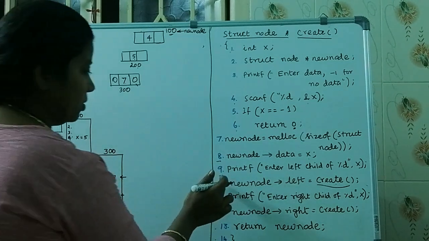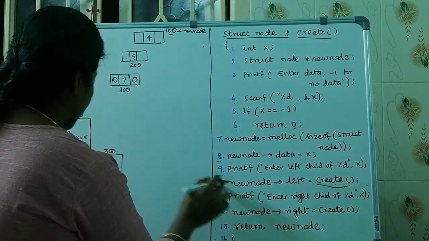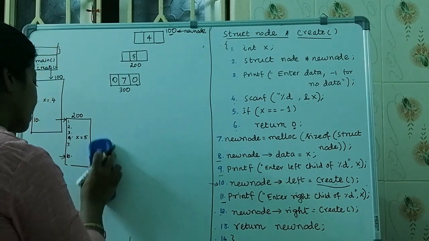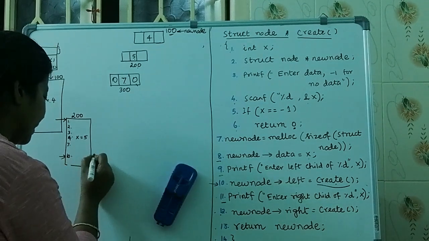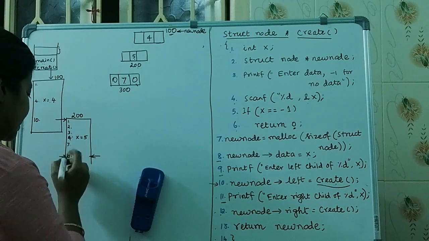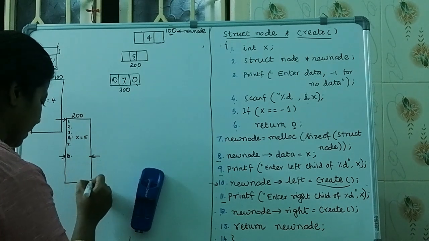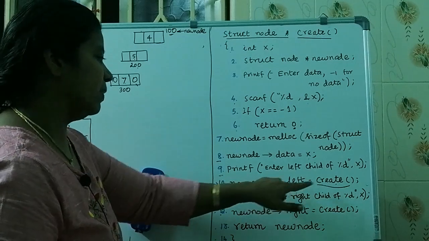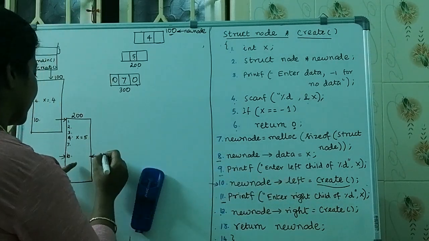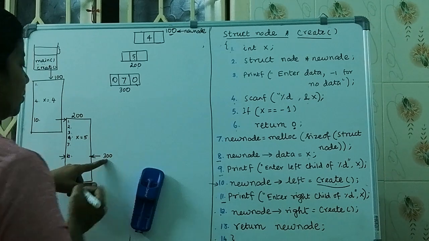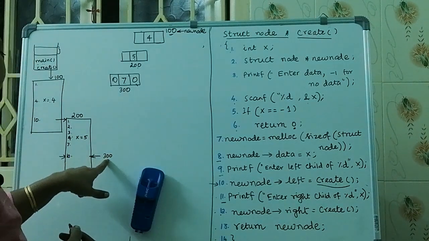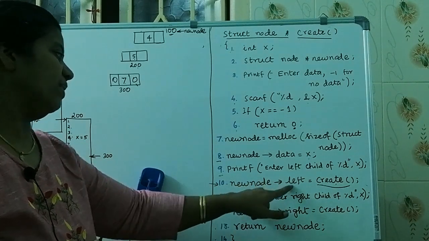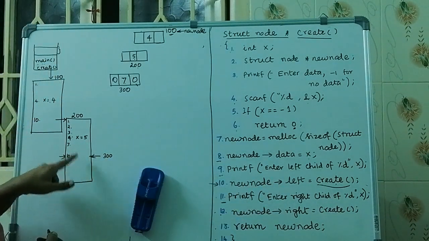Okay, so this will resume from this statement in the previous frame. So it has returned to this line number. From this line number, let us start executing one by one. What line number 10 says is new node of left equal to create. Now what is the value that has been returned? The new node value whose address is 300. 300 gets assigned to new node of left. What is new node now in this stack frame?